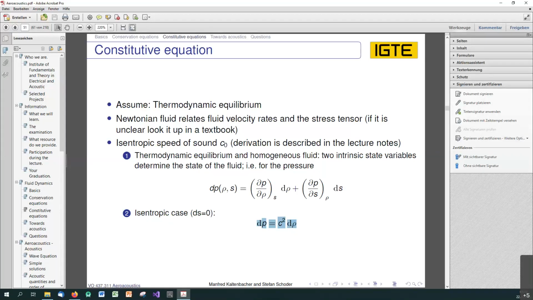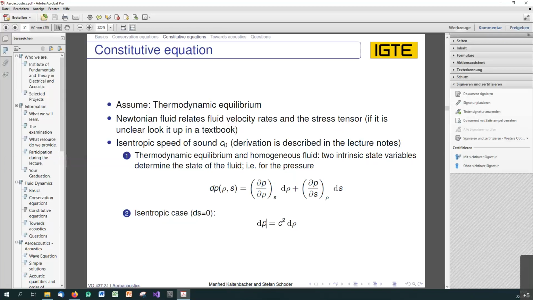Then we can think that probably the isentropic case, as we stated here, is a valid assumption. With these assumptions, we can say the pressure is related to the density with this equation, and then inserting this equation in the conservation of mass and conservation of momentum, we can indeed derive the wave equation. So this is more or less the process of how it works.